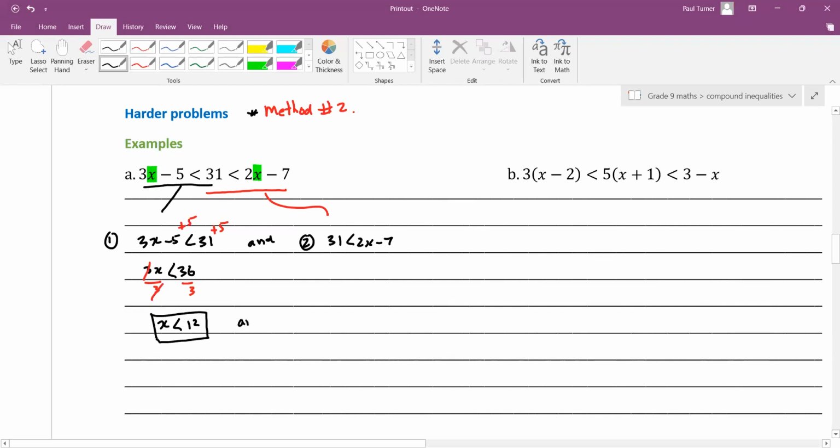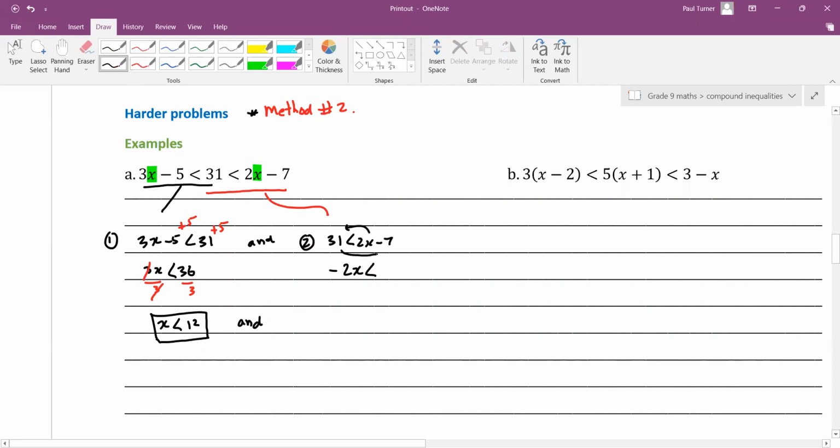But also this one must be true, whatever this is. So we know x will be less than 12, and this one also has to be true. So let's check. For this one, I would put the 2x on the other side to give minus 2x. So let's move stuff around. Put your minus 2x on the other side, so we get negative 2x.